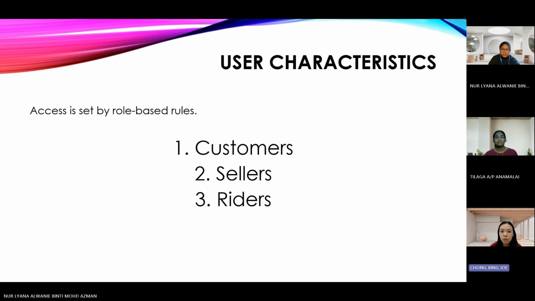Customers are general users, and they use the system through mobile phone apps or a web browser. They need to know the basic mobile or web features. They can search for food, place the food order, and then also cancel and give a review.